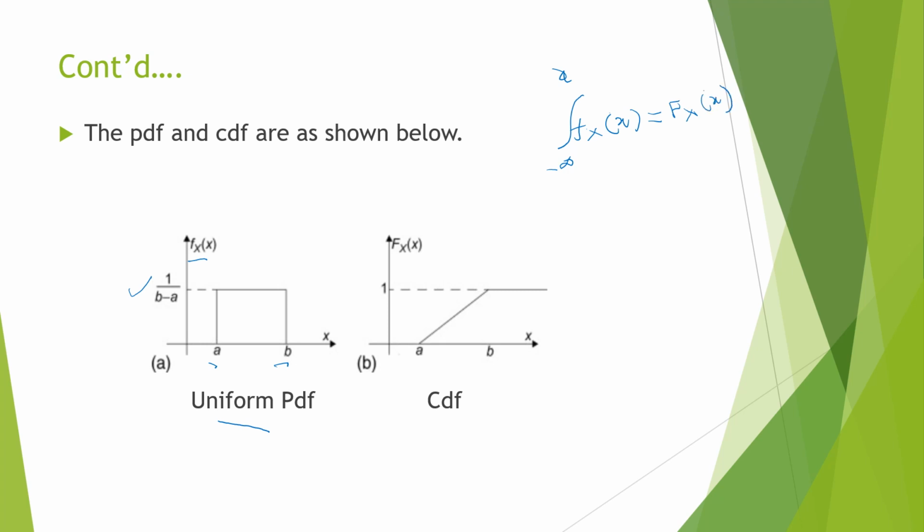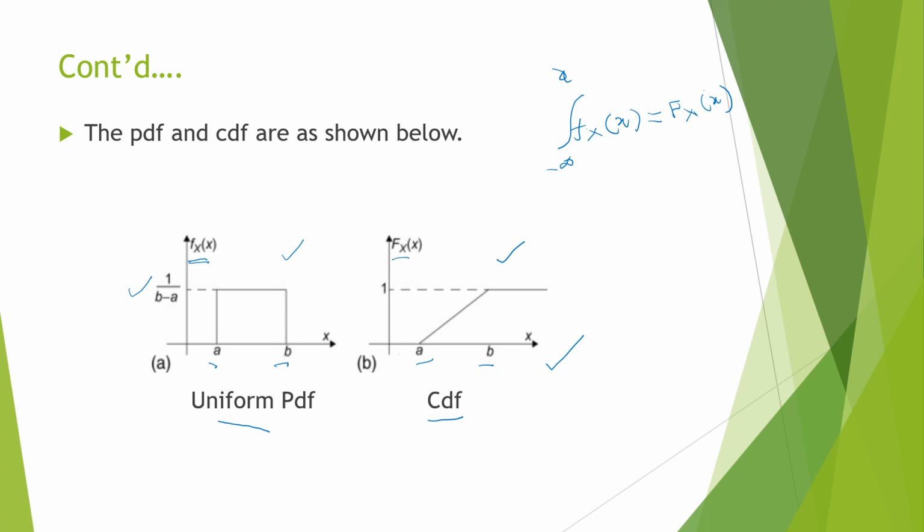This is the diagram for the CDF. From signals and systems, we can verify that if you integrate a rectangular function, you get a ramp function between A and B. So for the given uniform PDF, you get the CDF as a ramp function between A and B.